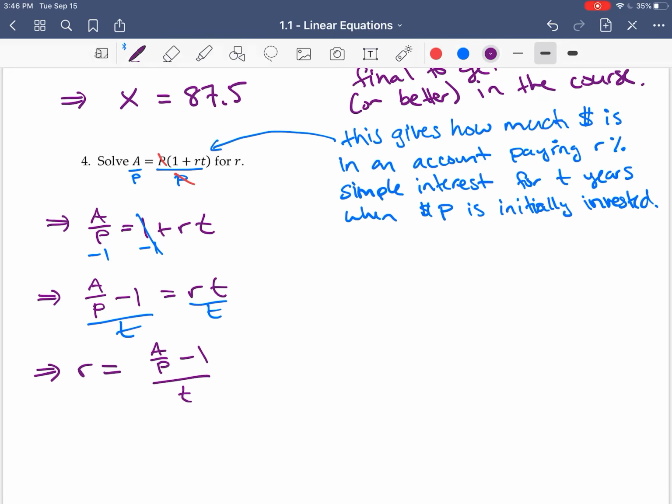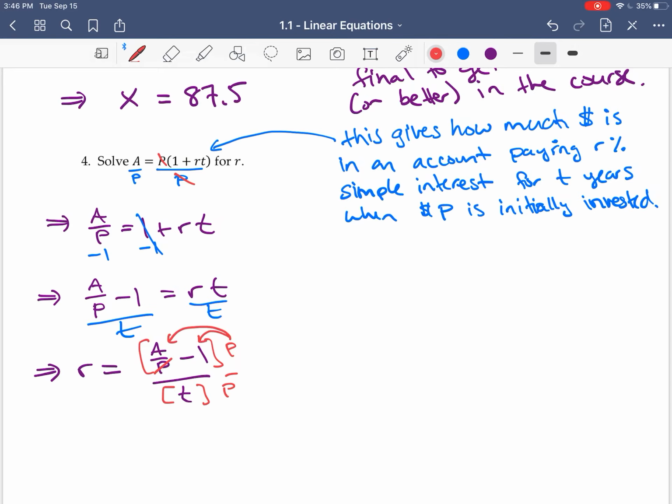Now there are different ways to write this. We could leave it like that. This is a complex fraction though, so we might not want to leave fractions within fractions. If you want to get rid of that, you could just multiply by p over p, a fancy 1, because once you expand this through, it's going to kill off this denominator.